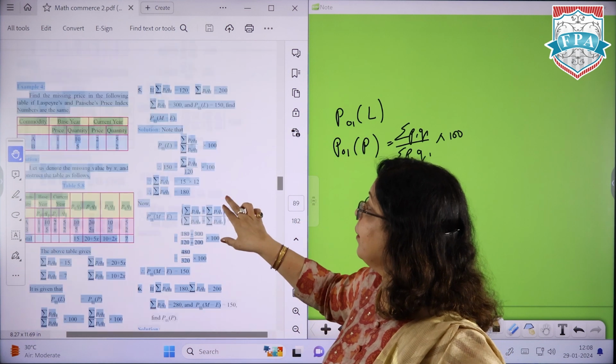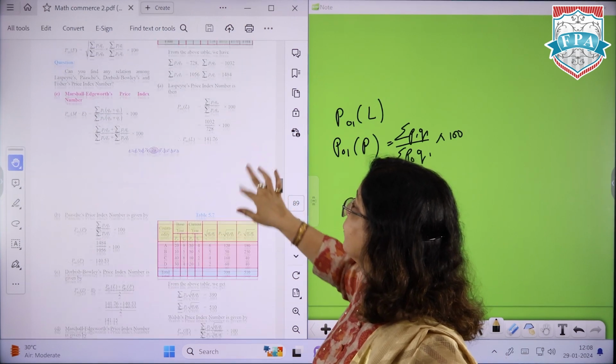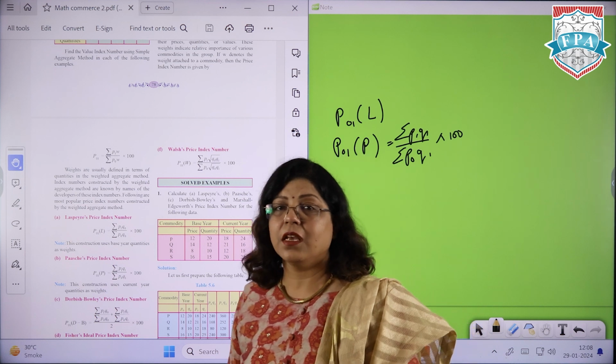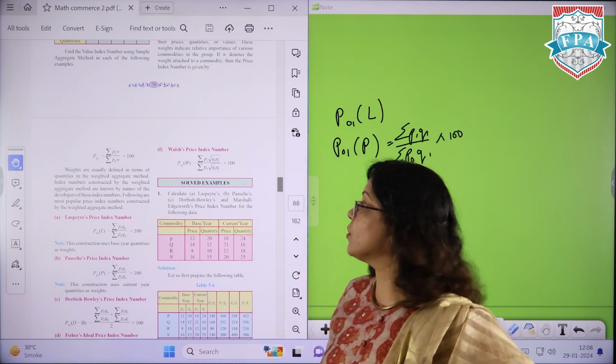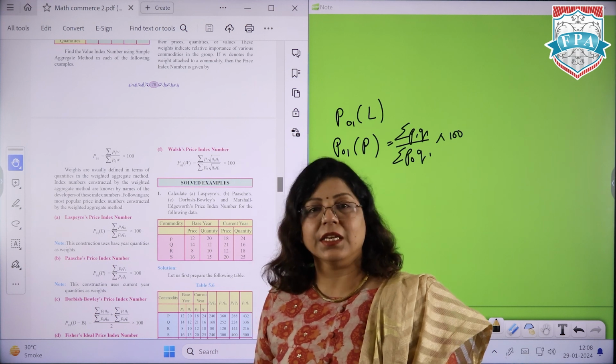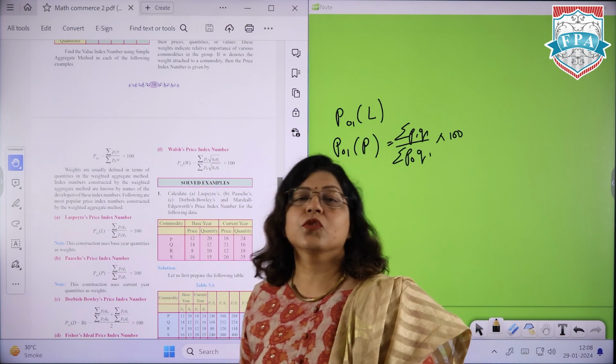And in the same manner, we have the last one for this, that is Walsh's price index. He also used the same thing, that let's use the pricing once only, why write it again, and let's take the quantity, or the weight, as the square root.